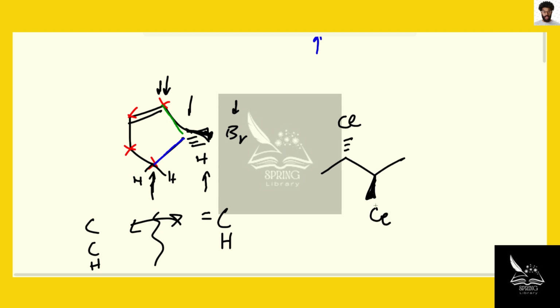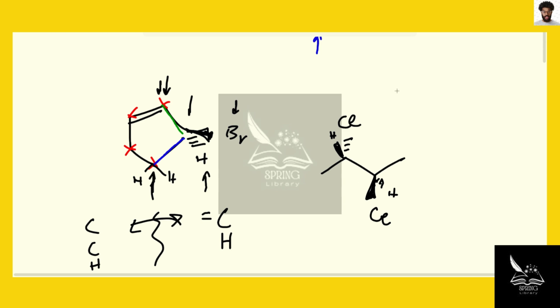Oh, this one's tricky, right? So it looks like it could be chiral, and I'll explain why. We've got a bond to a hydrogen here, and this bond to a hydrogen here. The issue is, yes, there are 2 carbons that each have 4 unique substituents, which is necessary to be chiral, but there's one other thing we can look for to determine if something's chiral or not, and that is an internal mirror plane.